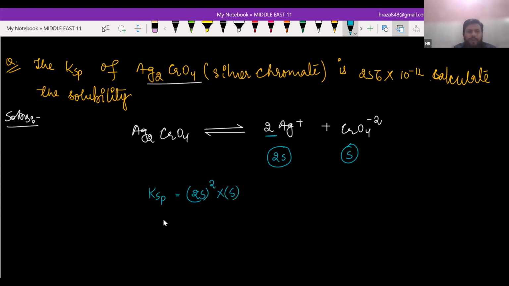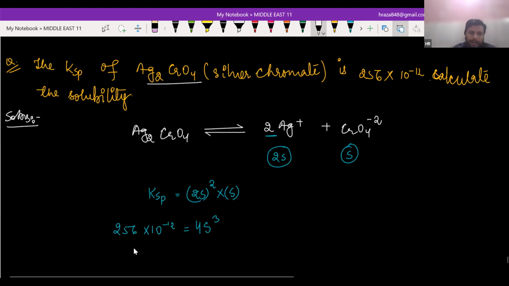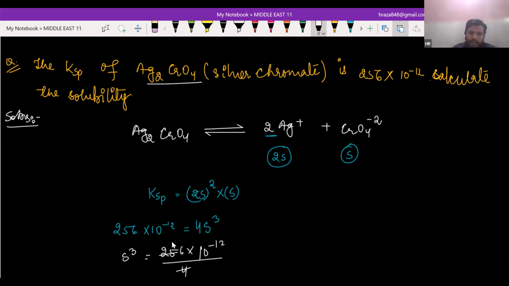The value of Ksp here is 256 into 10 raised to the power minus 12, and here you can see 4 S cube. You can easily find the value of S cube. S cube will be equal to 256 into 10 raised to the power minus 12 upon 4, which gives 64 into 10 raised to the power minus 12.